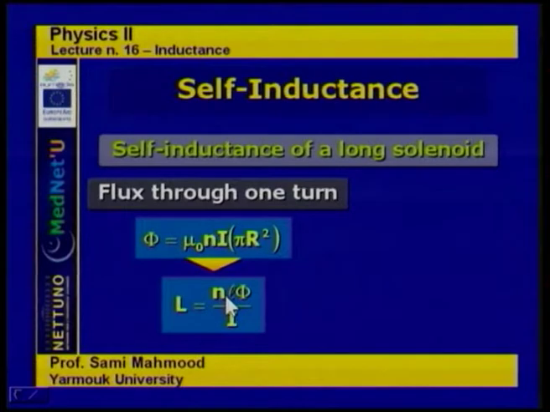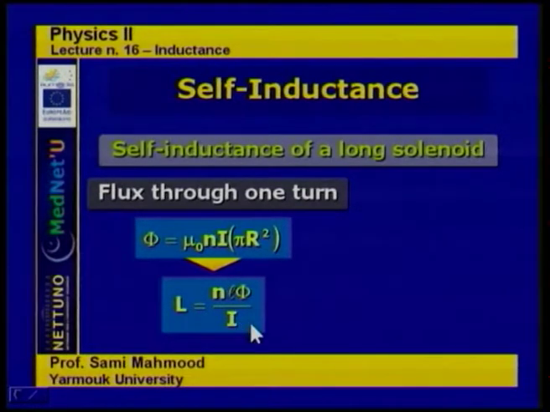The total number of turns of the solenoid is equal to the density of turns, the number of turns per unit length, times the total length, cursive L, of the solenoid. So n cursive L times phi is equal to the total flux through the solenoid, divided by the current that is flowing in the solenoid.